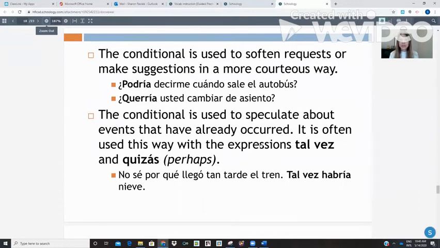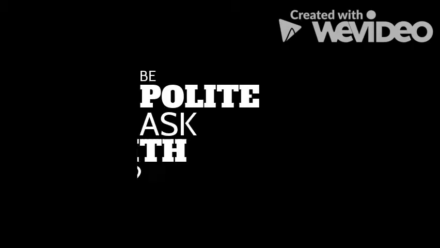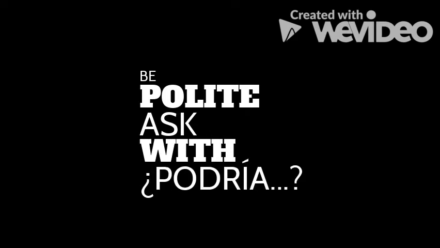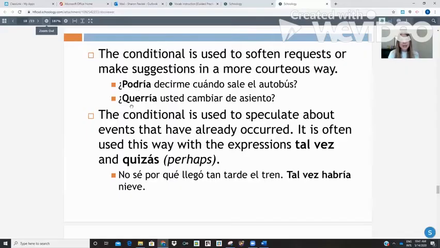You can use the conditional tense to say things that you would or would not do. You could also use it to soften requests, and this is common to say like, podría decirme cuando sale el autobús. It's very polite. Could you please tell me, or could you tell me? Podría is a very nice way to ask someone if they could do something. ¿Querría usted cambiar de asiento?